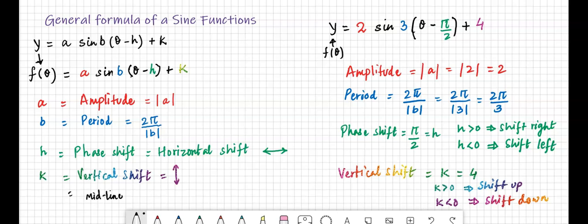I forgot to write it before. So the value of k will tell us the midline, which we write as y equals k, and that is our midline across which the function oscillates. And that's all in this lesson. In the next lesson, we'll do the general formula of the cosine function, which can also be done in exactly the same way.